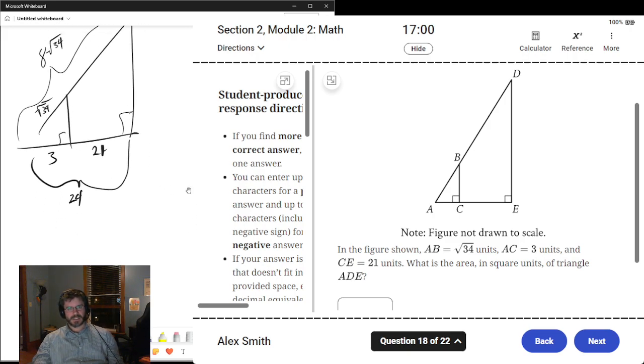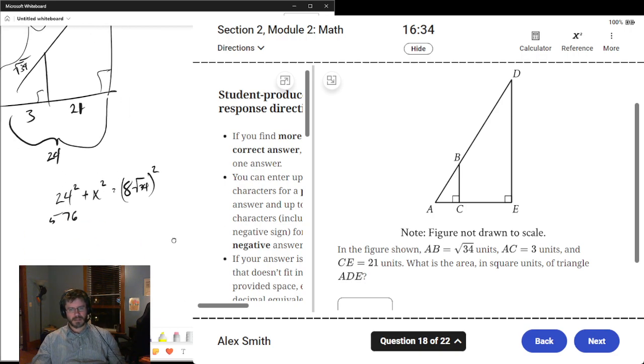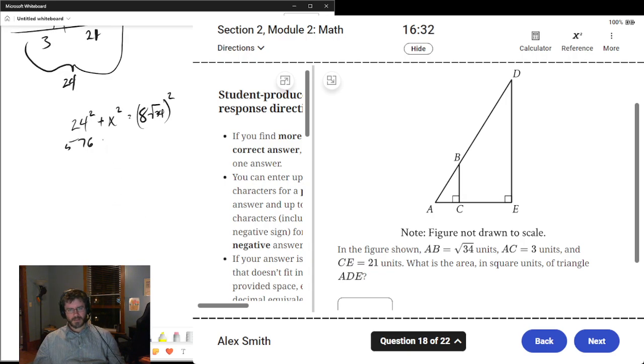So knowing our side lengths, 24 squared plus x squared equals 8 root 34 squared. Plugging this into the calculator. 24 times 24 is 576, plus x squared equals 64 times 34, basically. 2176.